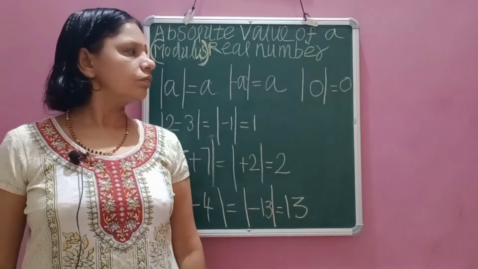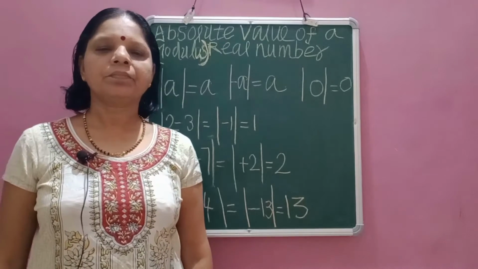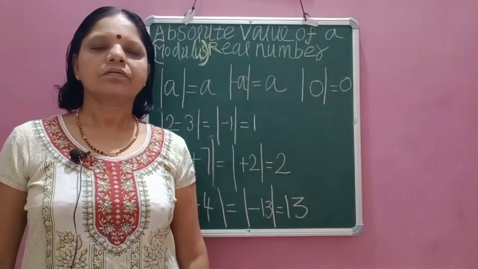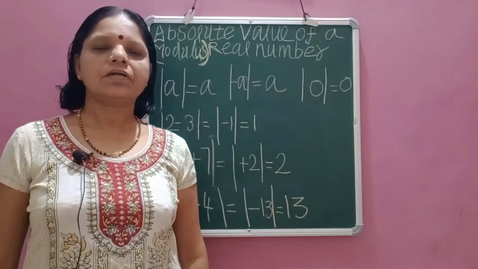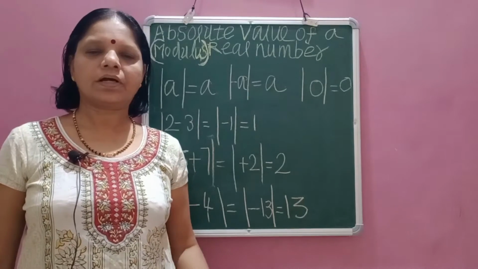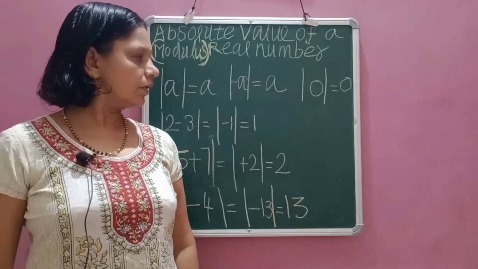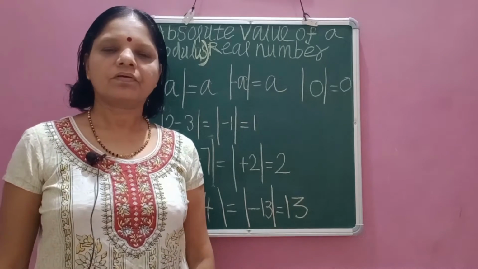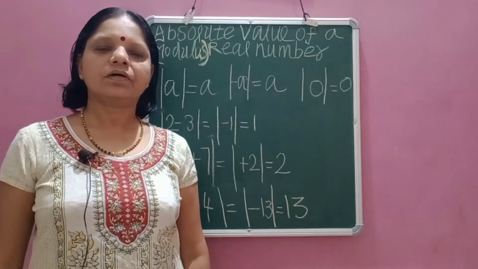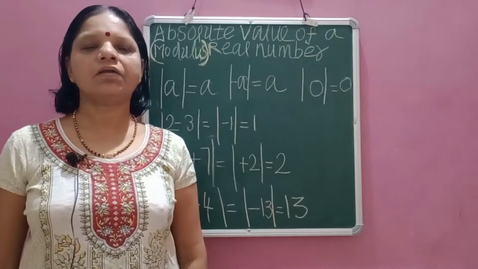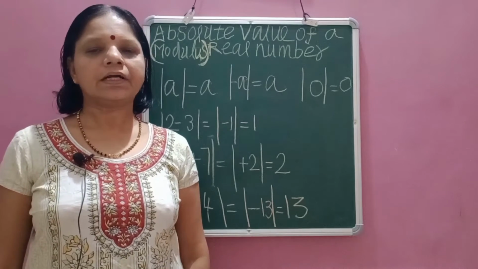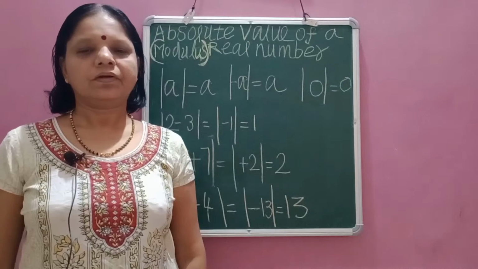So you have studied how a real number can be represented in a number line, both rational and irrational number. Here we will study what is the absolute value of the real number.